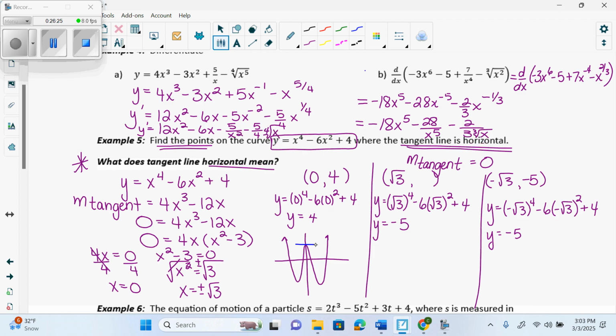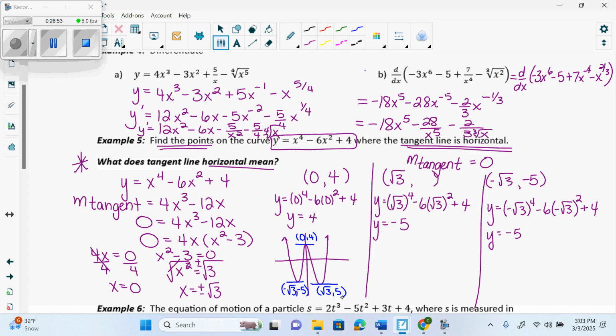The only place you're going to get horizontal tangents is at what? Max, mins, and points of inflection, correct? So this one is (0, 4). This one, guess what? Negative root 3 and negative 5. This one is at root 3 and 5. By finding where the horizontal tangents exist, you just found the maxes and mins off of a degree 4 graph.